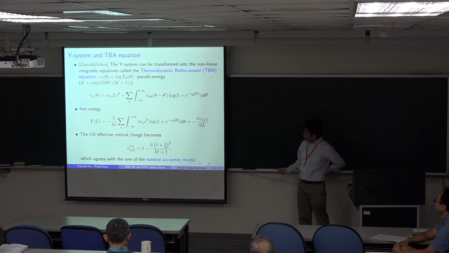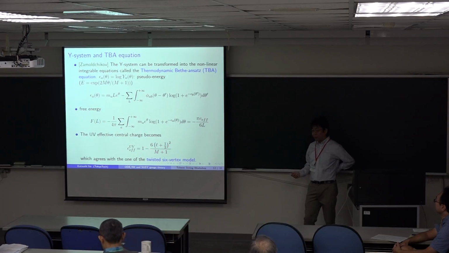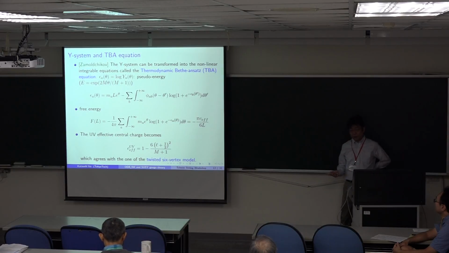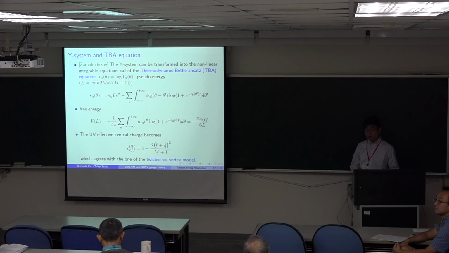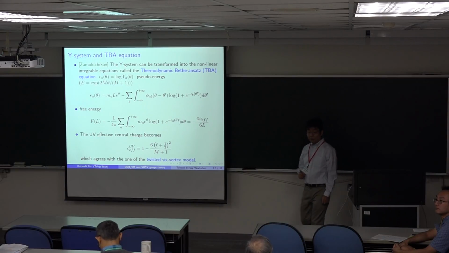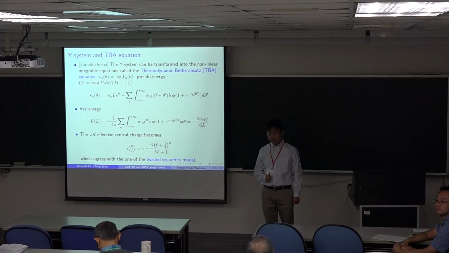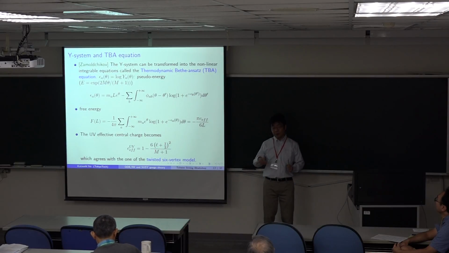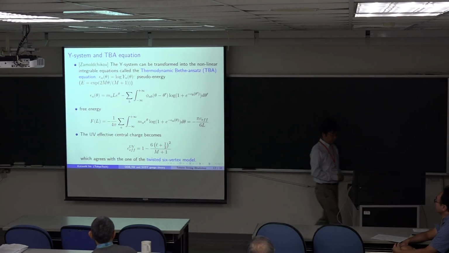So the UV effective central charge actually becomes flat free. This is actually expected from the Bethe ansatz, in agreement with the effective central charge of the six-vertex model. Well, it is a twisted six-vertex model, but not the usual one. Twisted means that we have some twisted boundary condition on the spins. So that parameter L controls the twisting of the boundary.